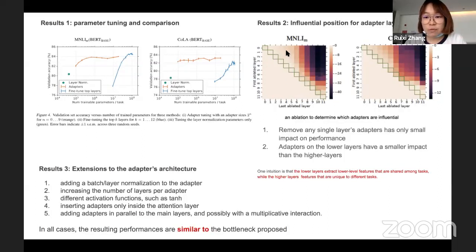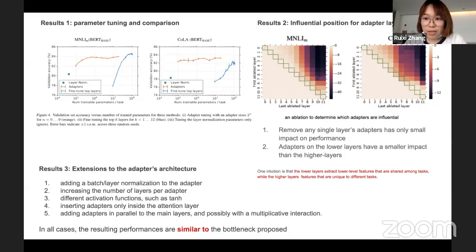The diagonal shows that if we remove any single layer's adapter, it has only a small impact on performance. But if we remove lower layers, it will have a smaller impact than removing higher layers.